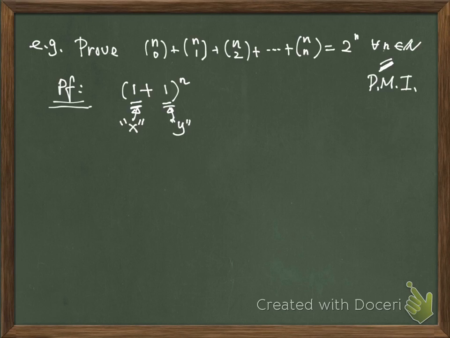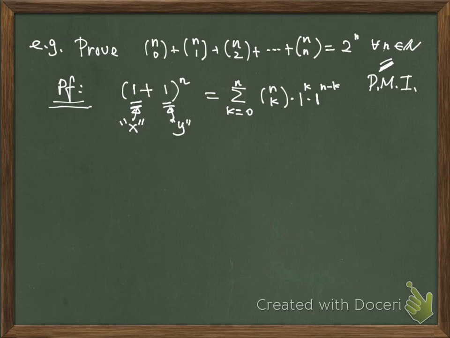Okay. So if we expand this, the binomial theorem says this is a sum where k equals 0 all the way to n of n choose k times x, which is the first quantity, 1 here, to the power of k, times y, which is again 1, to the power of n minus k.